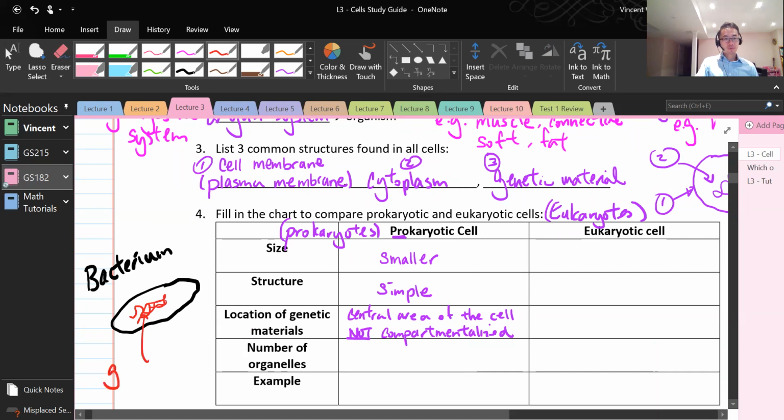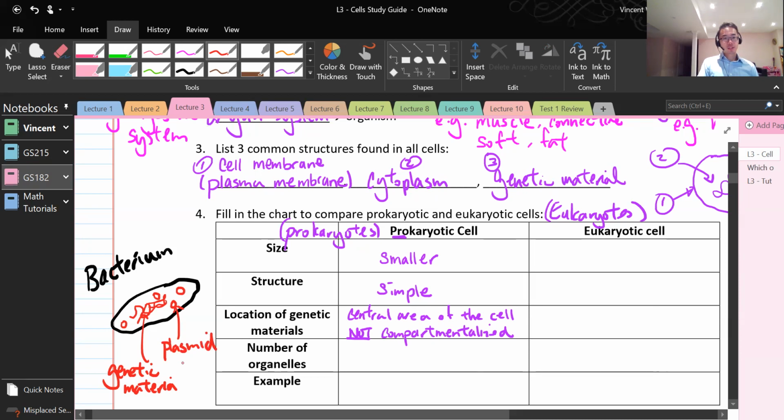Genetic material. Actually, bacteria also have little circular DNA that's just floating around. Anybody know what they are called? Good try. This circular DNA is called plasmid.